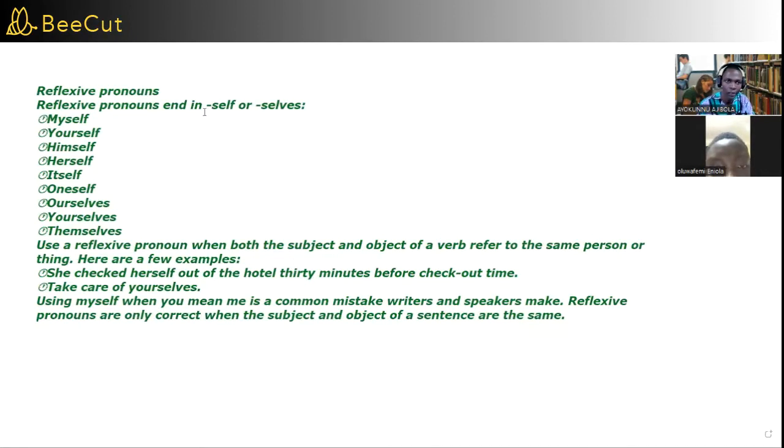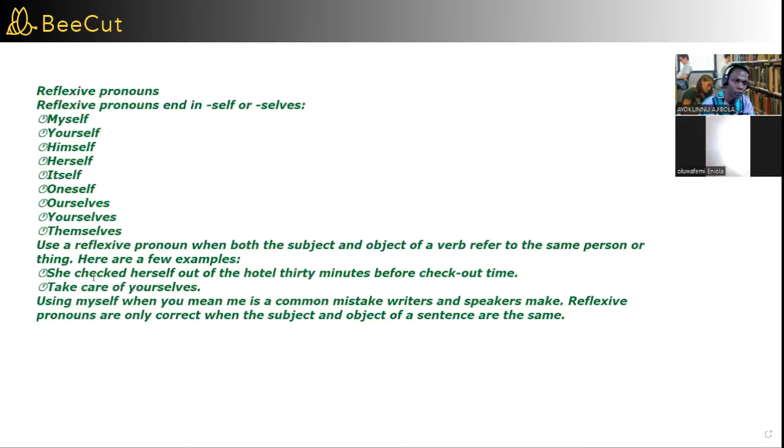They end in self or selves, like myself, yourself, himself, herself, itself, oneself, ourselves, yourselves, themselves. So, use the reflexive pronoun when both subject and object of the verb refer to the same person. So, both the subject and object are referring to the same person. That's when we use reflexive pronoun, or it refers to the same thing.